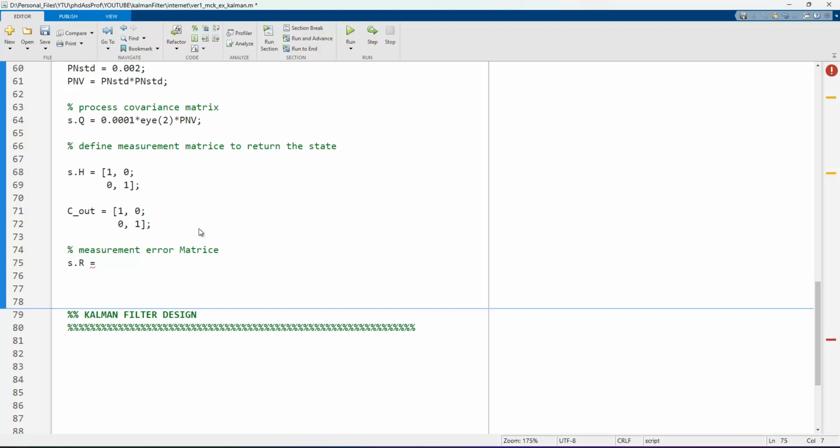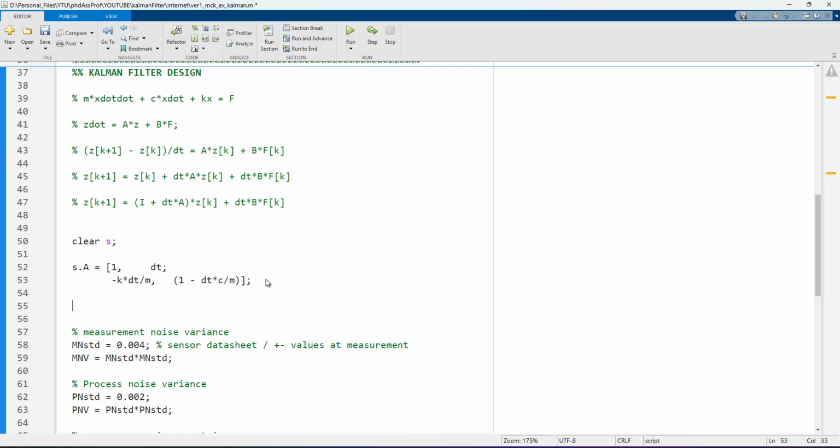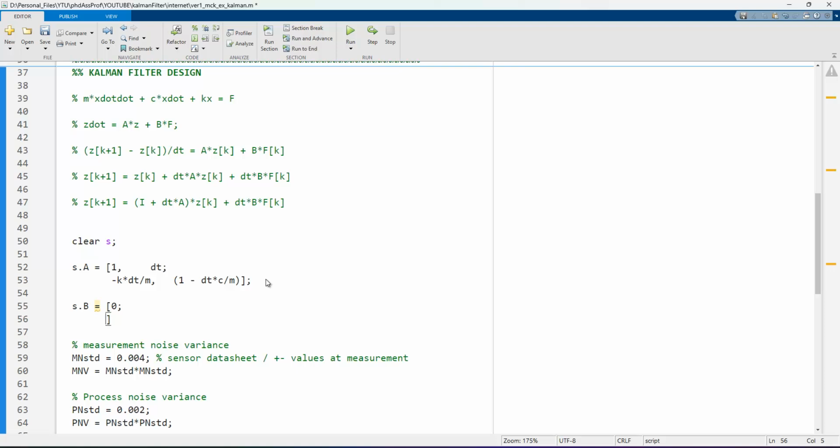SR is equal to 0.01 times I2 times M and V. This 0.01 is an arbitrary value for this process, because we don't know which value is the best in this case. Otherwise we need to implement the adaptive approach in here. Okay, and also we need to give the SB function in here, 0 and dt divided by m. Okay, just like this one.